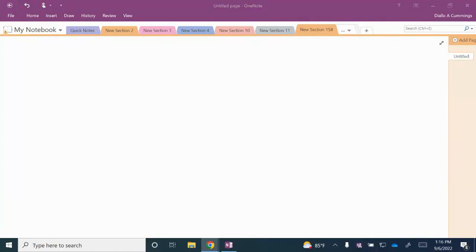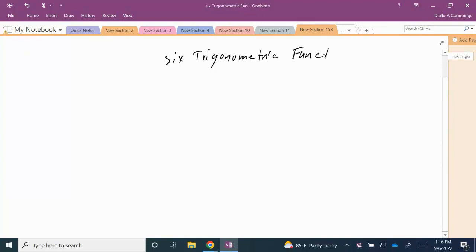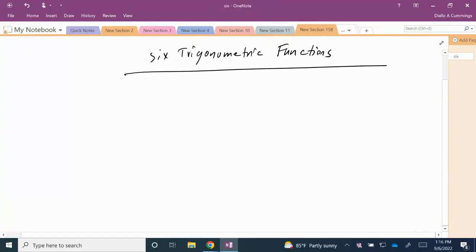All right, in this session, we'll take a look at the 6 trig functions. And we're going to begin with cosine and the cosine of theta.